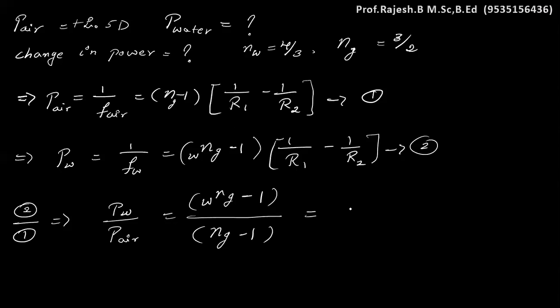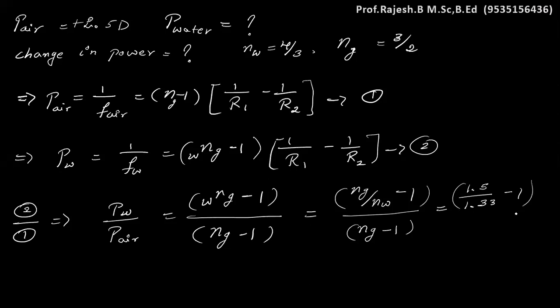Further, this can be written as refractive index of glass with respect to water, divided by n_g minus 1. Let's substitute all the values. 1.5 divided by 1.33 minus 1, whole divided by refractive index of glass again, 1.5 minus 1. Solve for this. Solving, what do you get?